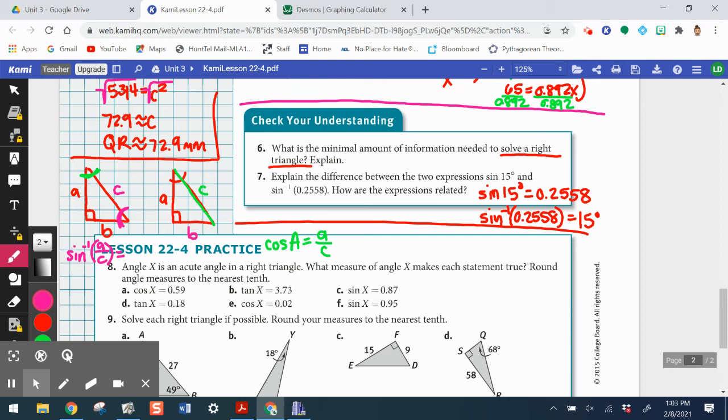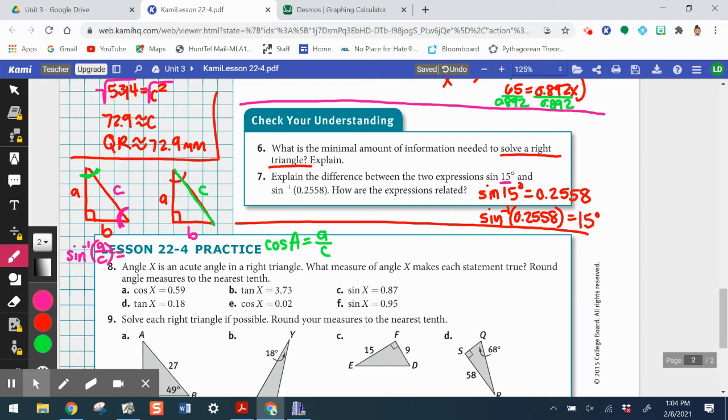So the whole entire idea of these inverse functions is to take a new input and produce a new output. Back in the previous lessons, we were given an angle measure, and we used the trig ratio of that angle measure to find a missing side.